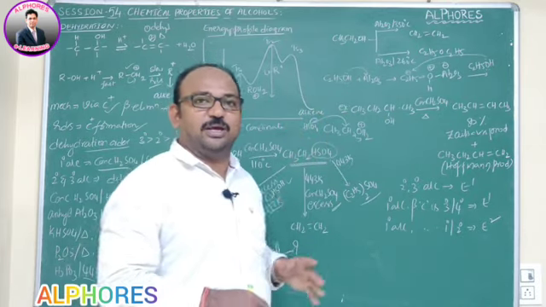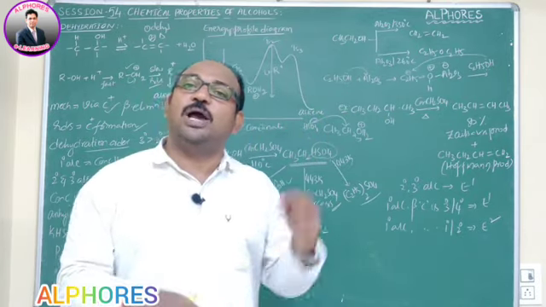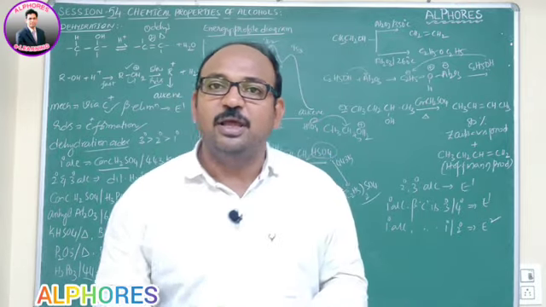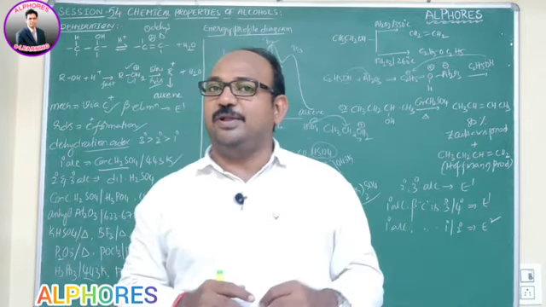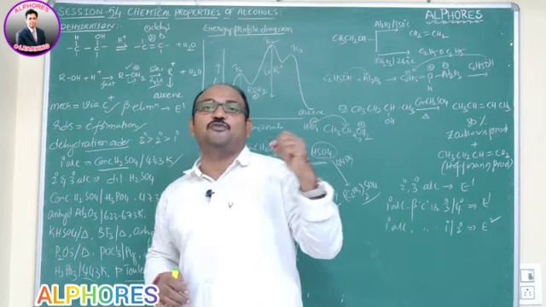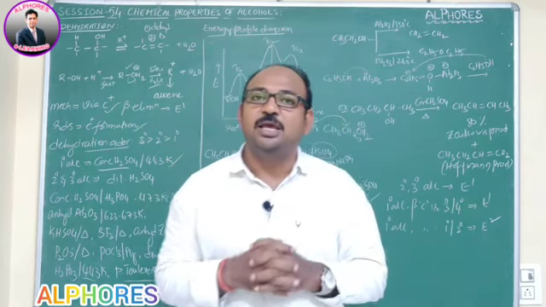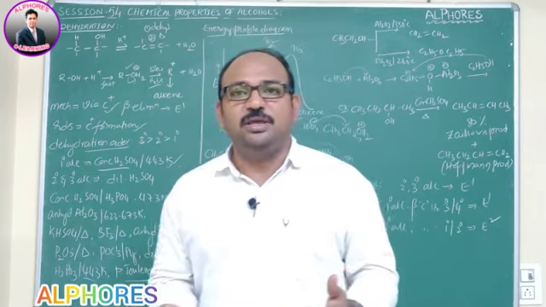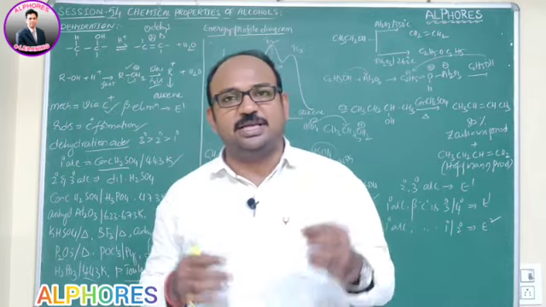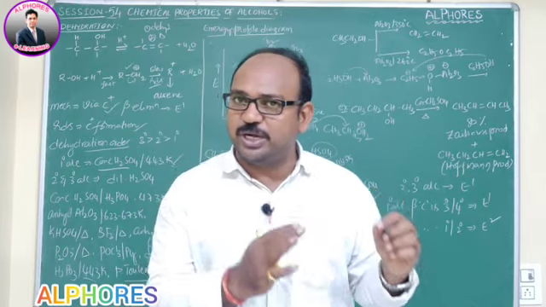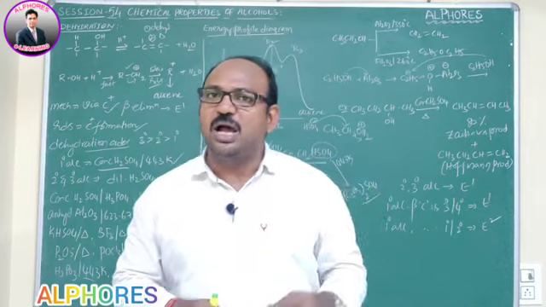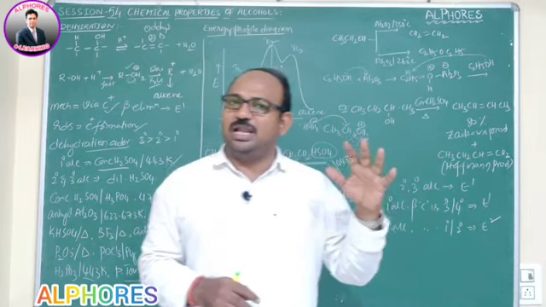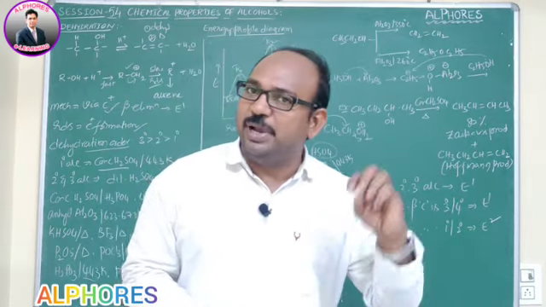So if you observe here, because of elimination, we already learned two things. One is Saytzeff elimination, and the second one is Hofmann elimination. So which elimination is major? Obviously, from the first onwards we are learning that Saytzeff elimination gives the more substituted alkene as the major product, and Hofmann elimination gives the less substituted alkene as the major product.